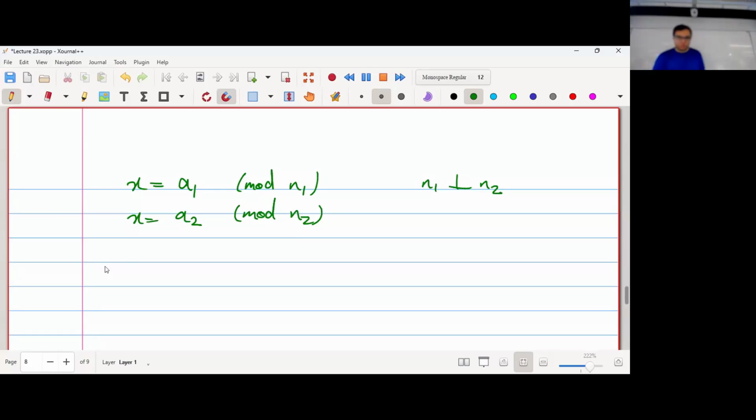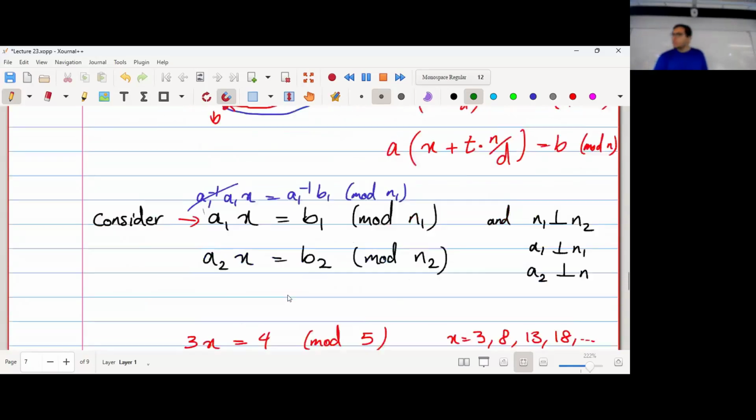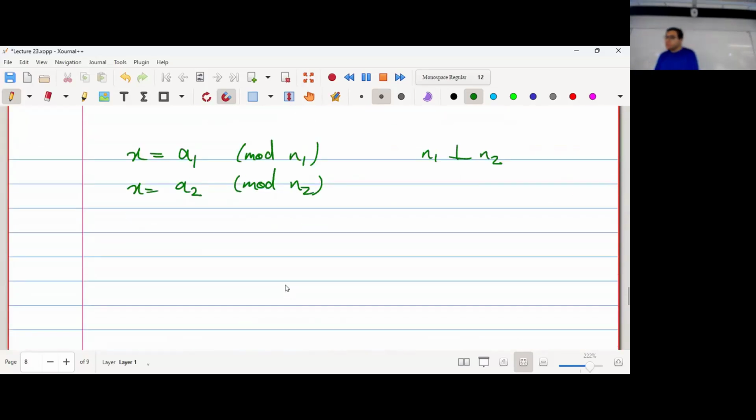That's what I've already proven because this is equivalent to this. I'm just changing the names, right? But what is that solution? Can you just give me a formula for that solution? Okay. Think about this. It's a very easy thing. Formula for the solution.